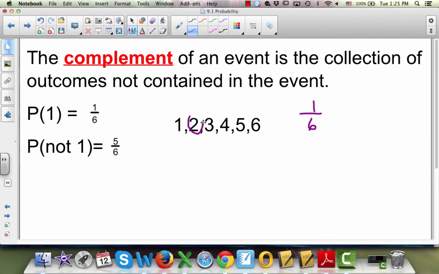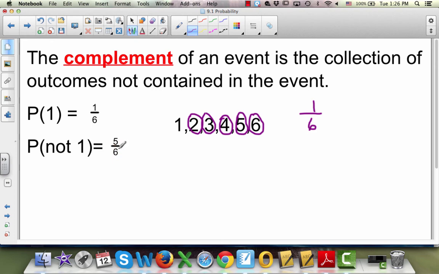So that's not a 1, that's not a 1, that's not a 1, that's not a 1, and that's not a 1. So there are 5 favorable outcomes out of 6. So the probability of 1 is 1/6. The complement of the probability of 1 is 5/6.